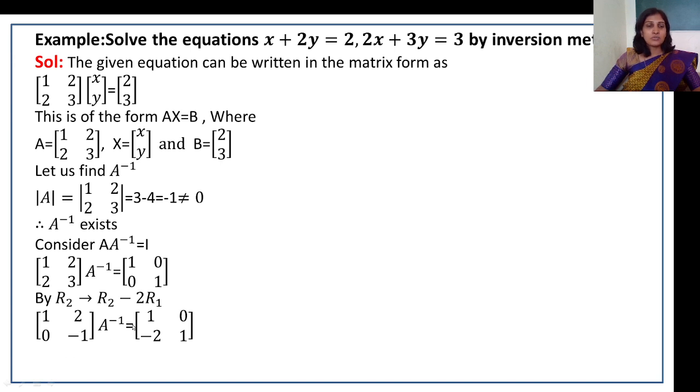A inverse is equal to, we also apply this transformation on the right hand side. So here R2 is 0 minus 2, which is equal to minus 2, and here 1 minus 0, so here is 1.